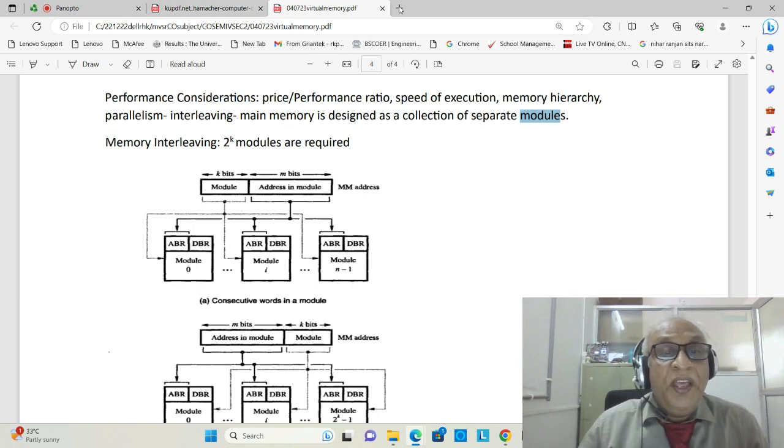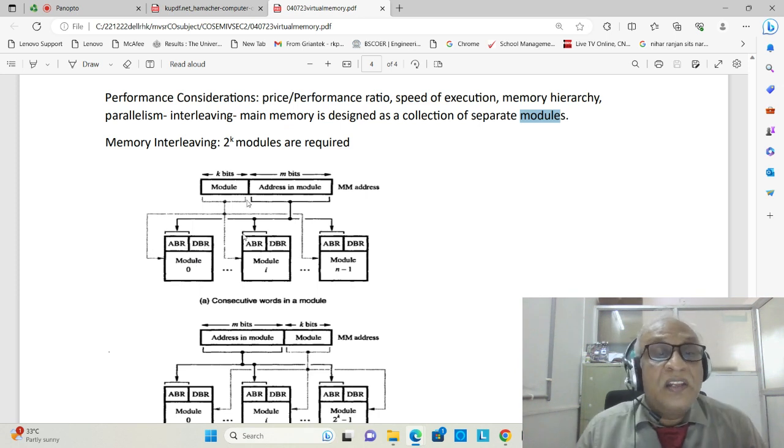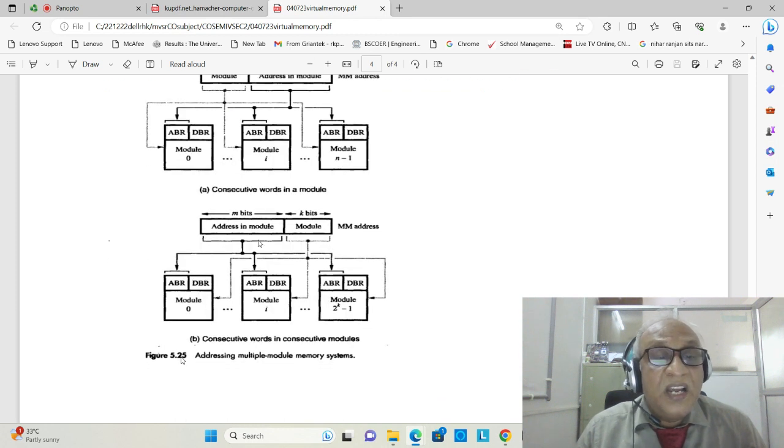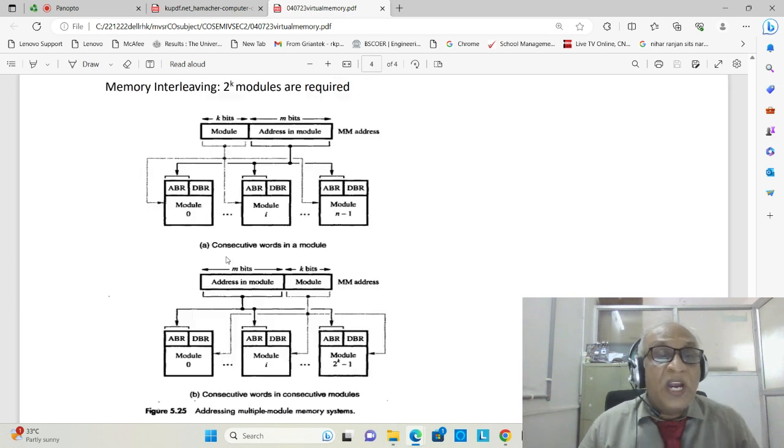If you look at this diagram, number 5.25 from the Hamacher textbook, the part a of the diagram says, suppose this is my memory address. In this memory address, the first k bits indicate which module. Am I going to select module 0 or module i or module 4 or module 10 or module n minus 1?